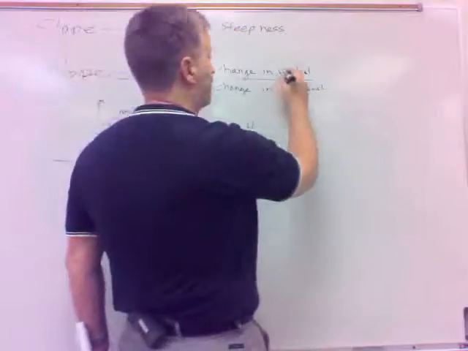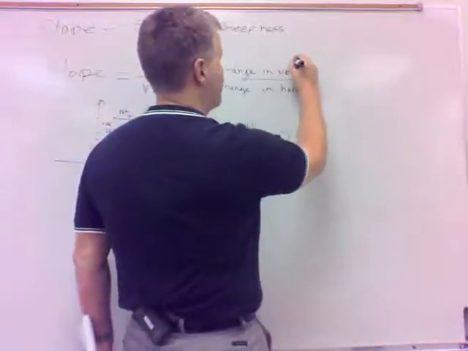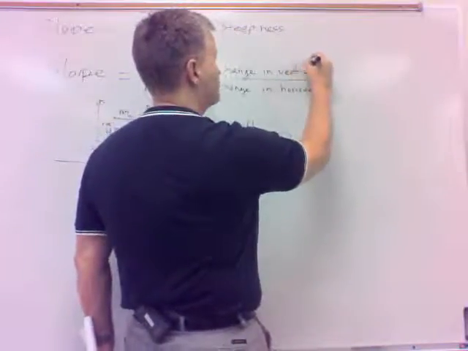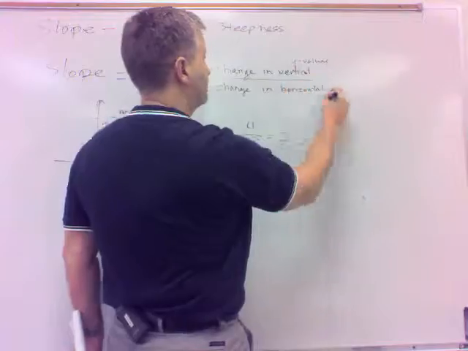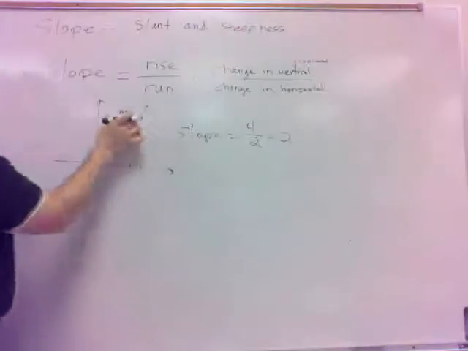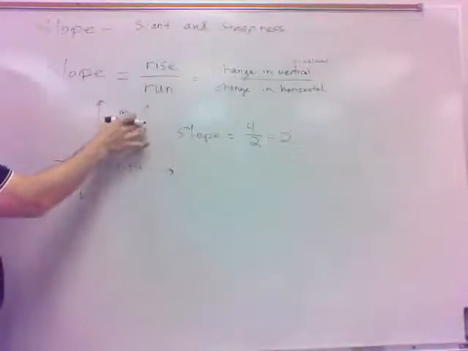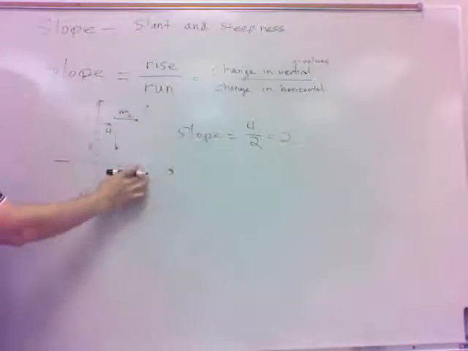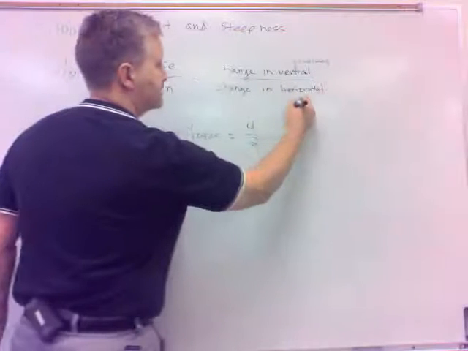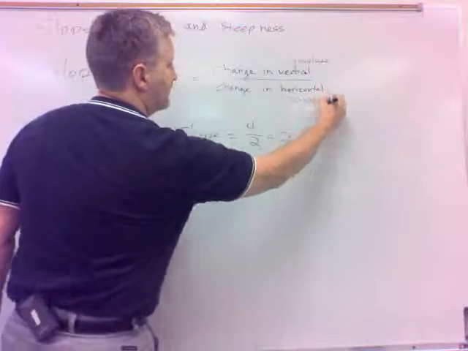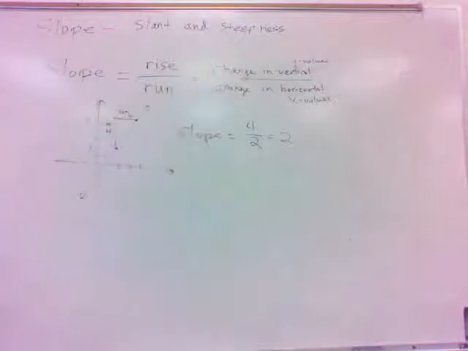So instead of vertical, we could say it's the change in the y values divided by the change in the horizontal, which here is the x change. So it's the change in the x value. So that's another way we can think of the slope. It's the change in the y values over the change in the x values. And that just so happens to be where we're going to go next with this. We're going to talk about the slope formula.